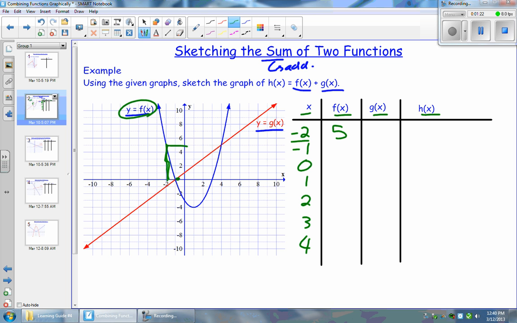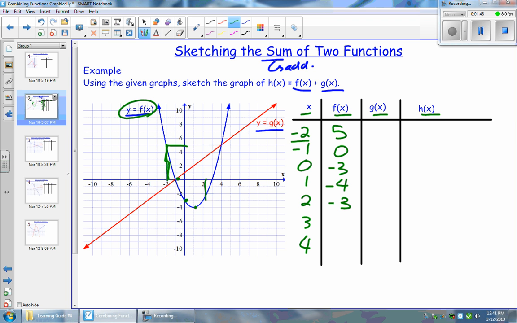At -1, my corresponding value is 0, so that's the x-intercept. At 0, my corresponding y value is going to be -3. And at 1, I'm going to have what looks like a vertex there, which is at 1 comma -4. And at 2, I have a corresponding y value of -3.